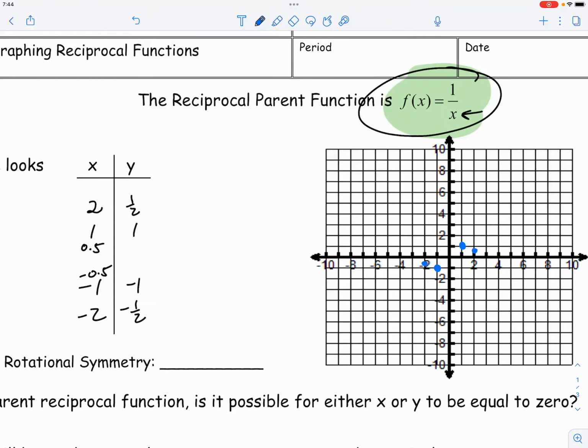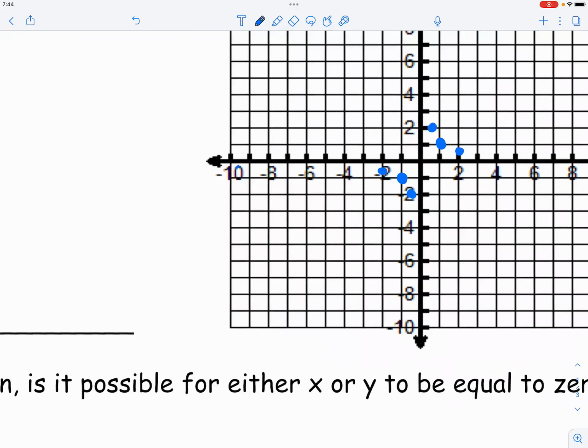So if x is 0.5, the y value is 2. Okay. And then what about if x is equal to -0.5? -2. So what I want to first show you is that a graph is simply a representation of all the points on the graph.